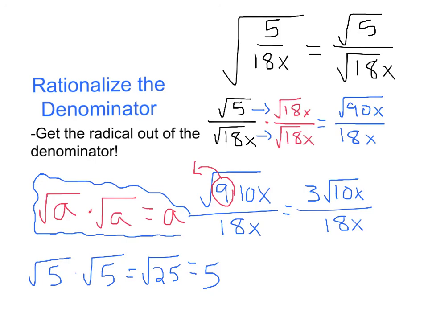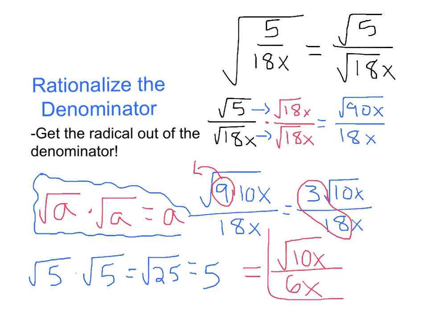So I'm almost done. Look at the numbers out in front. 3 over 18, how does that simplify? That simplifies to 1 over 6. So the square root of 10x all over 6x is my final answer.